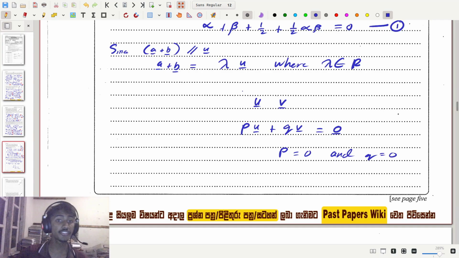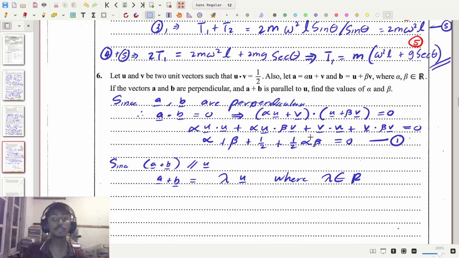Now we will see exactly how we can use that fact in this equation by substituting the values of a and b, and we will see that we can get an equation in this form that we can then use in order to find that p and q are both equal to 0, where p is a constant in front of u vector and q is a constant in front of v vector.